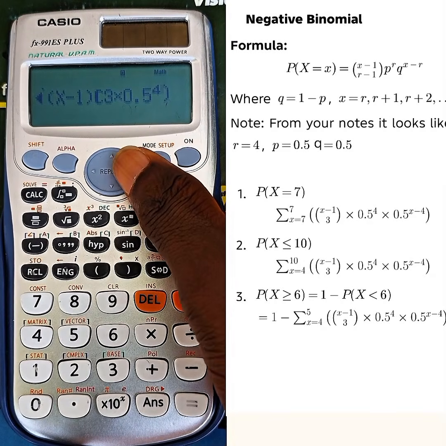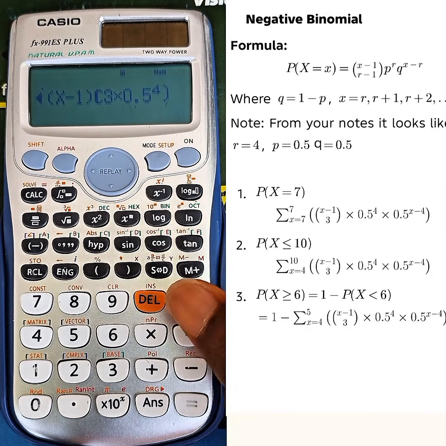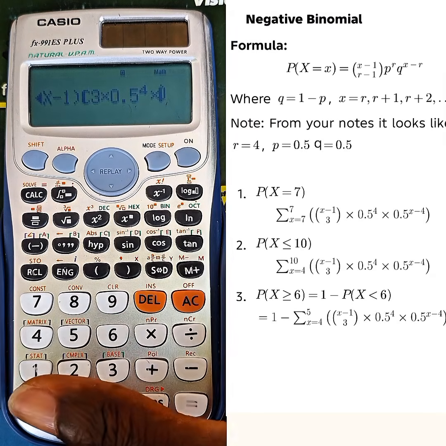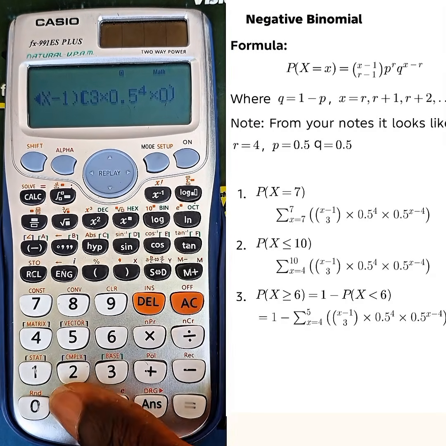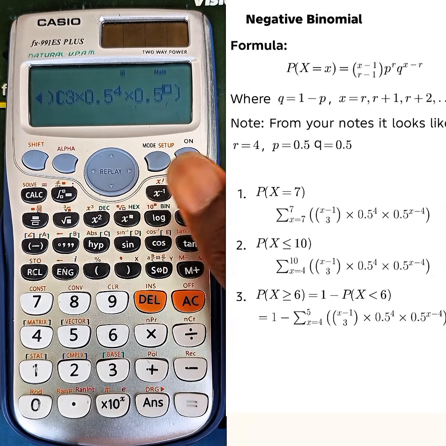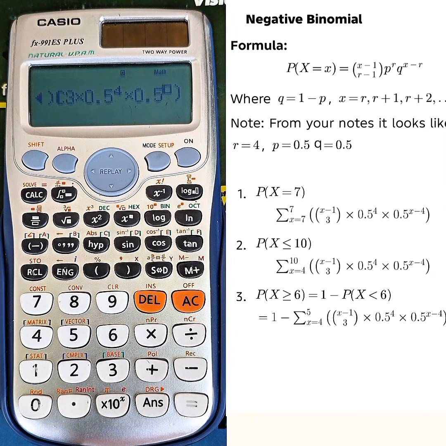Then you come back down the bracket and multiply it by q. So your q is 1 minus p. That's 1 minus 0.5, which is 0.5. So it is to the power of x minus r.